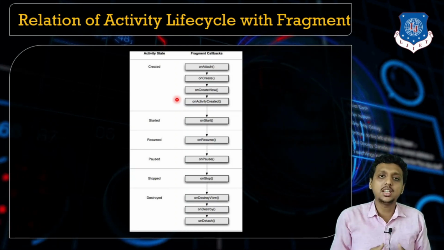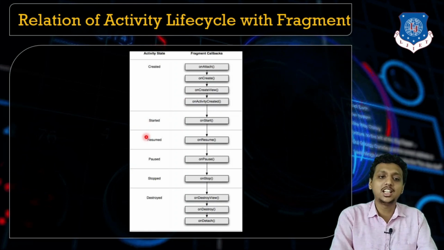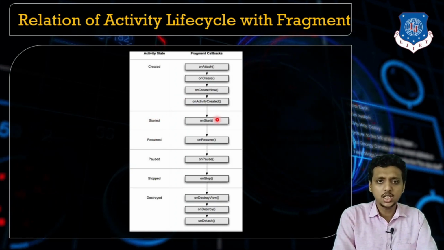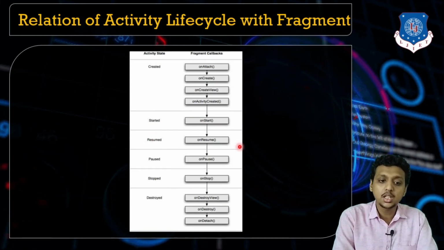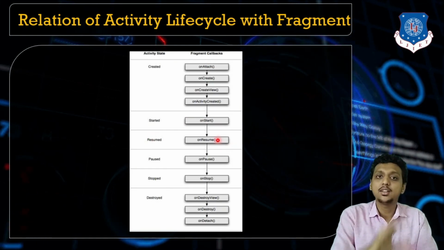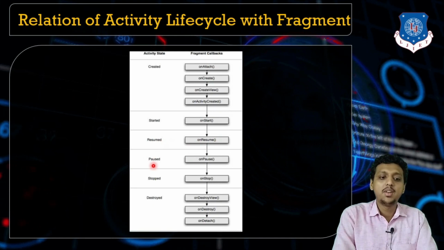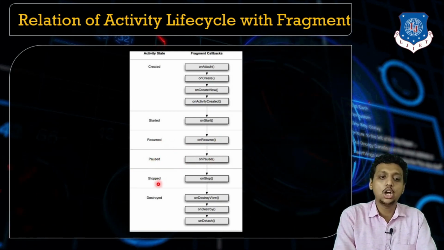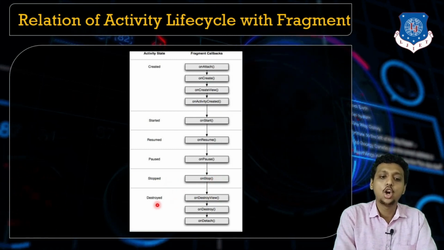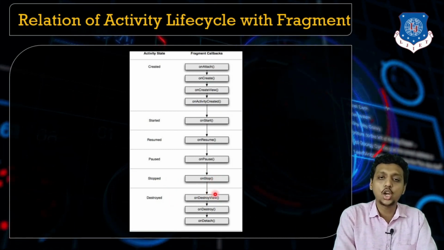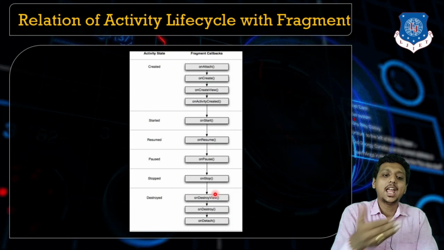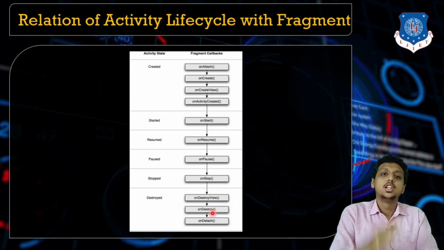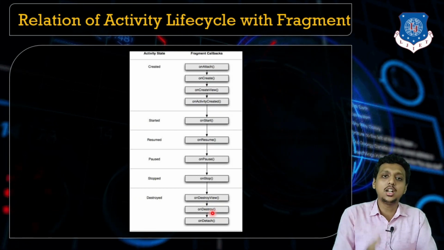When we talk about the started state, that means the activity is already started, the onStart method will be called. When the activity is resumed, the onResume method of the fragment is called. When the activity goes into the pause state, the onPause method is called. onStop is called. onDestroyView, onDestroy, and the last one, onDetach, are called. So this is how all the methods are called as per the activity.